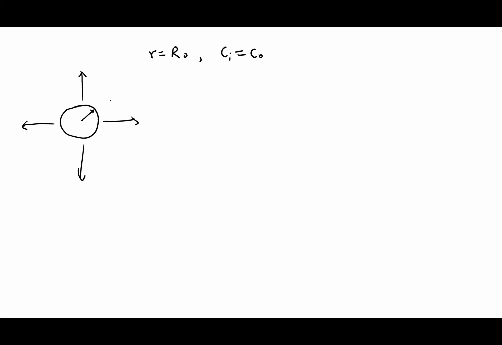And then we measured another location. Let's say this is R0 and this is 2R0. And we find the concentration is 0.2 times C0, okay? So the material is diffused from high concentration to lower concentration. That's why at R equal to 2R0, the concentration is lower, only 0.2 C0.